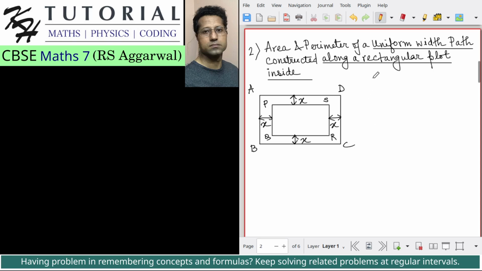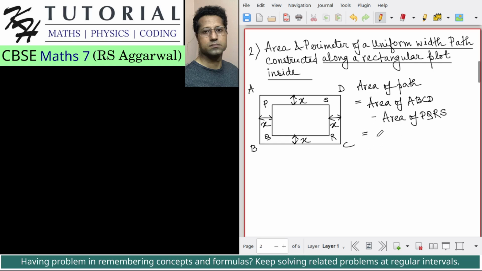Okay, so this time what will be the area of the path? Geometrically you can clearly understand that the area of the path this time will be equal to the area of ABCD, that is the rectangular plot, minus the area of rectangle PQRS, which is the inner boundary of the path.